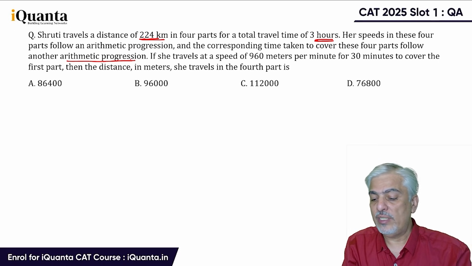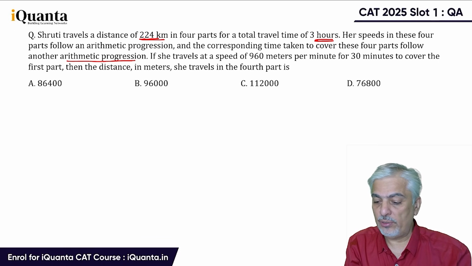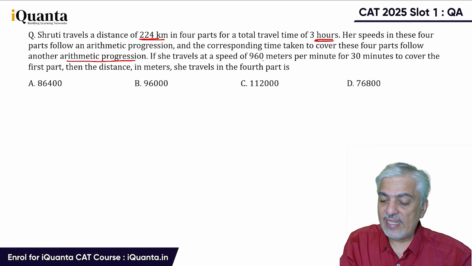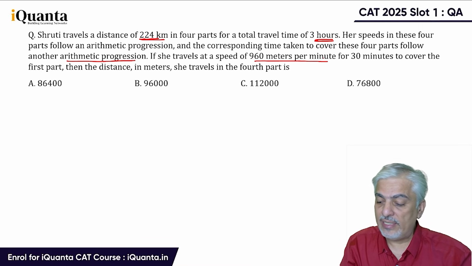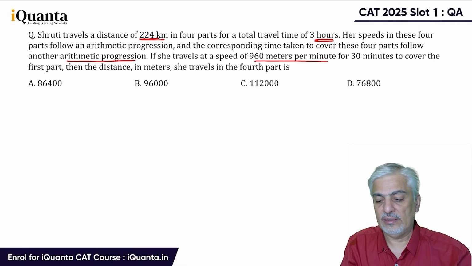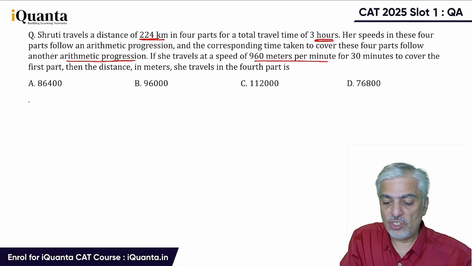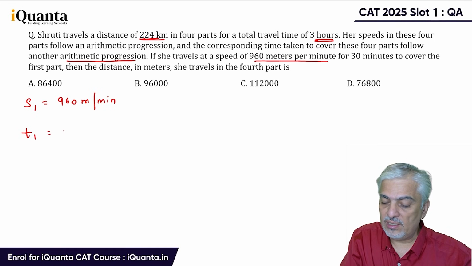So time is an arithmetic progression, and speed is also an arithmetic progression. If she travels at 960 meters per minute for the first 30 minutes, then the initial speed is 960 meters per minute and the first time is 30 minutes.